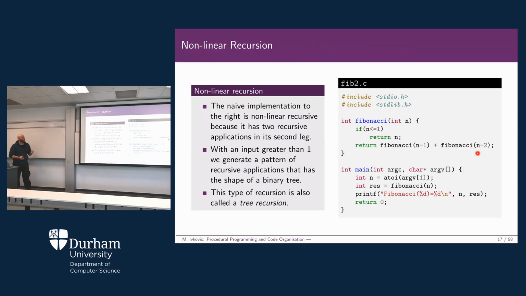But what happens here is, if we have some input which is greater than 1, so something where we actually call for the recursion, every time these two new ones get called, they will keep recursing all the way down until the base case.